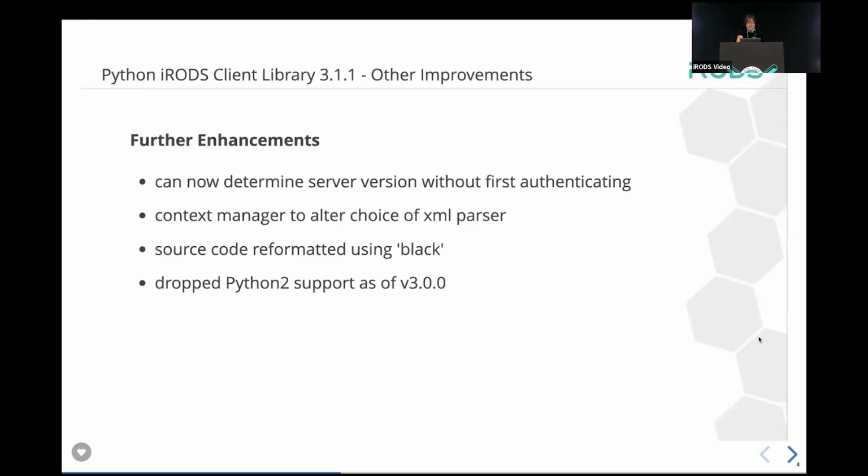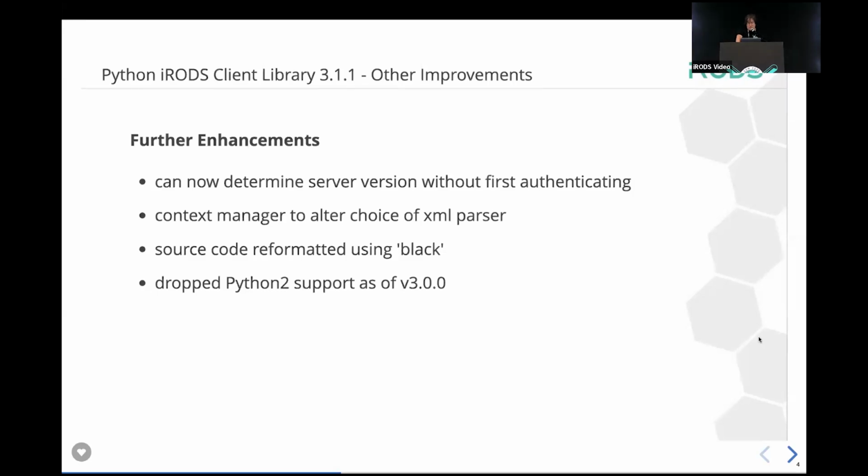Okay, more enhancements that we've done. This sort of fell out of the automatic detection of which code path should be taken on authentication. So now you can actually call a server version without an authentication method on a session object to find out, without first authenticating, what version of iRODS you're connected to.